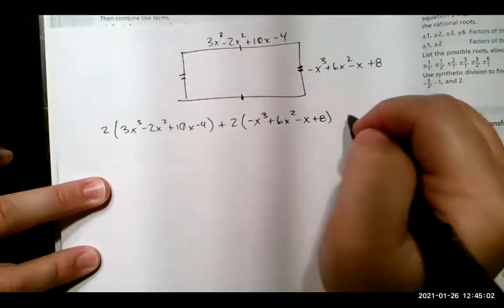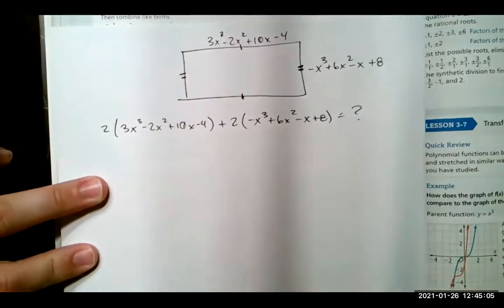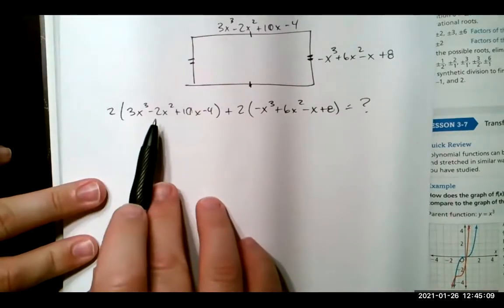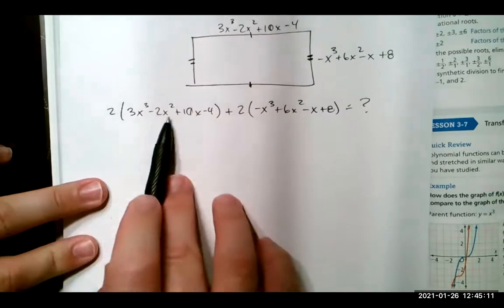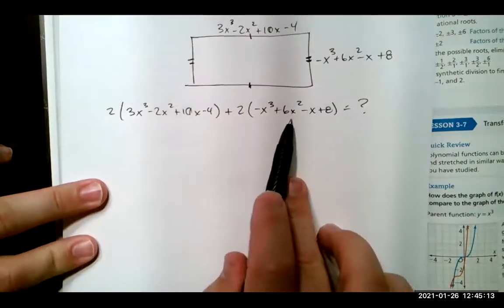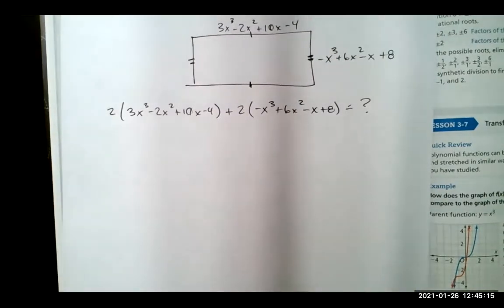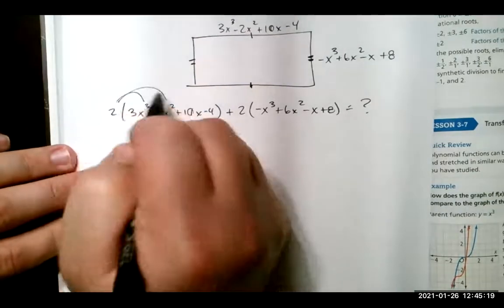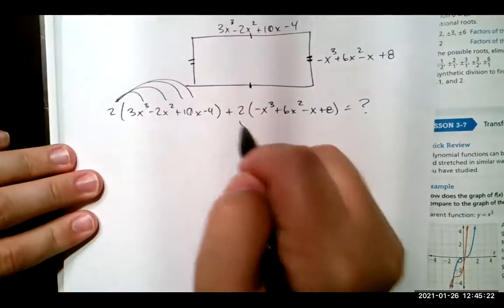And I want to see what that's going to equal. Okay, my perimeter. Did you have to write it out like this? No, you could have written this plus this plus this plus this. That just seems like a lot of ink. So I'm just going to do the distribution method. Distribute that 2 through each of those sets of parentheses.